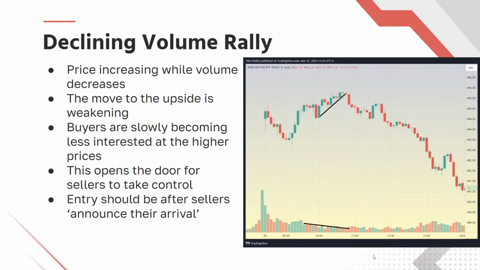When we enter on this, usually I like to enter after sellers, what I call, announce their arrival. That means the high volume, the break of that uptrend line, the little surge in volume that we see, which is right here. So we have this decent sized candle, the body is pretty large, and a nice increase in volume. It breaks this downtrend line that we have in volume as well, which is pretty important.